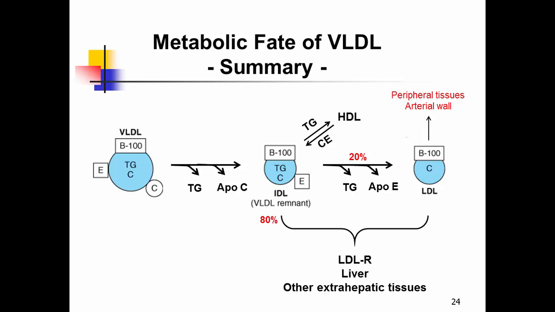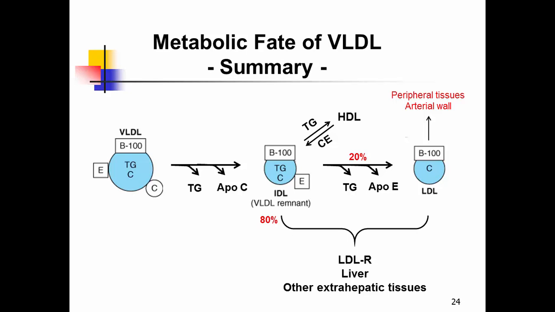Cholesterol esters can be transferred from HDL to IDL, so IDL loses triglyceride but obtains a lot of cholesterol esters from HDL and eventually becomes LDL. LDL has almost no triglyceride but a lot of cholesterol esters, so it is a cholesterol-rich lipoprotein. Finally, LDL can be picked up by the liver and peripheral tissues.